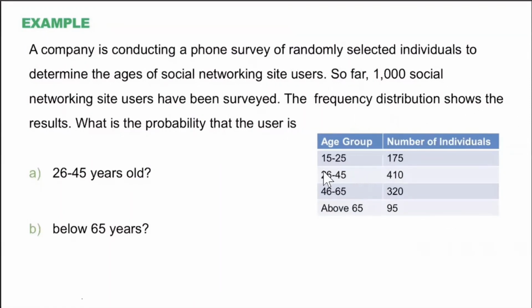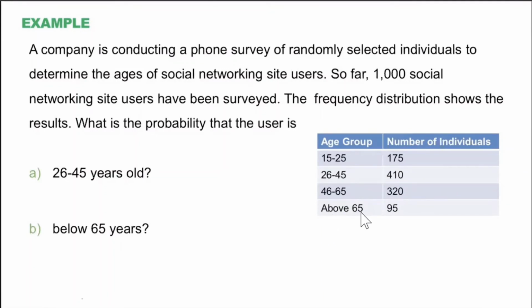That is, out of these 1,000 people they call and ask whether they use the social networking site, in the age group of 15 to 25, 175 responded yes. 26 through 45, 410 responded they use the social networking site. 46 to 65, 325 of them say they use it.